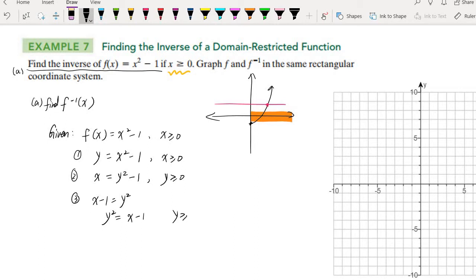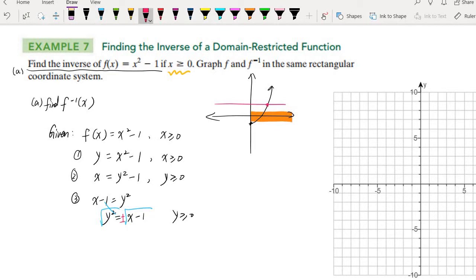Remember, we have a restriction. I'm going to continue to write this just to remind us, okay? Then once we have this, I'm going to take a square root of both sides, because the square is going to be gone. So before we move on, let's wait a second. When we take a square root of both sides, we remember in the past my teacher always told me I have to do positive negative.